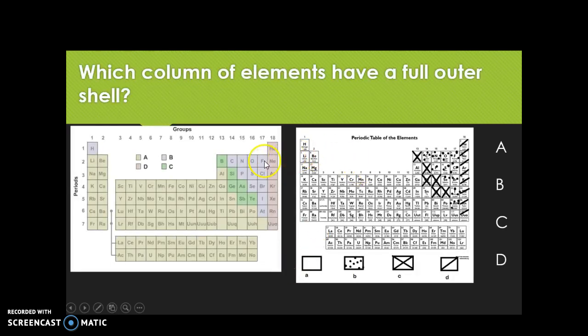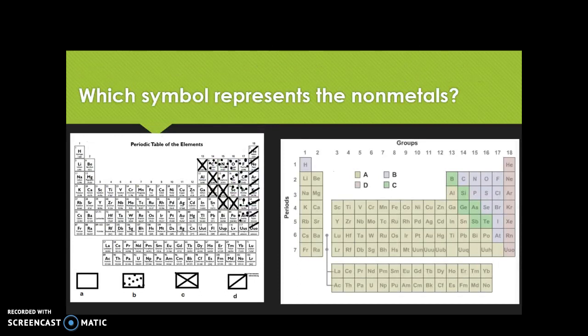Which column of elements have a full outer shell? Is it A, B, C, or D? Which symbol represents the nonmetals?